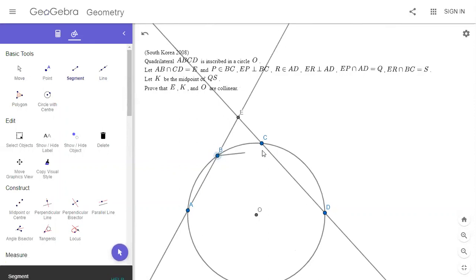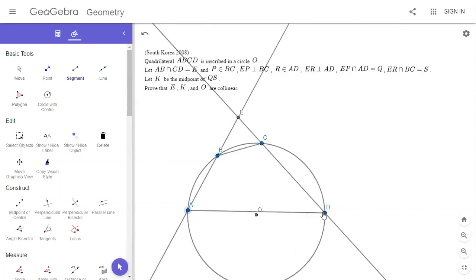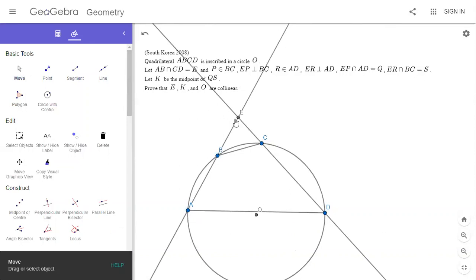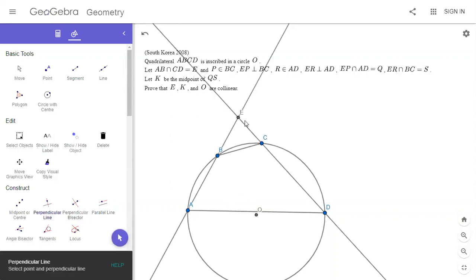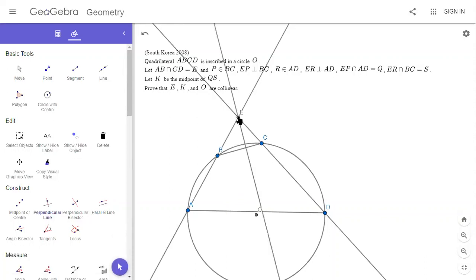P is, okay, so I draw the perpendiculars from, or no, from E to BC and AD. Whoops.